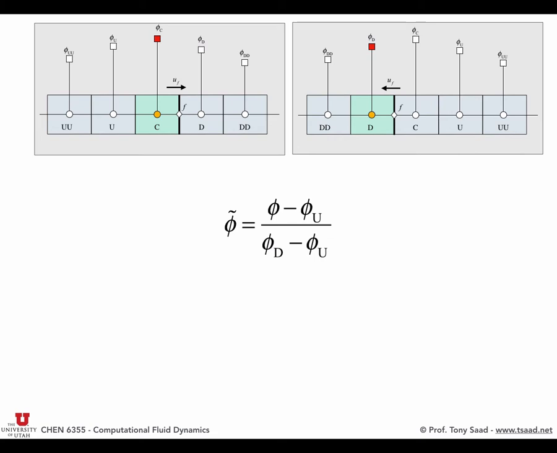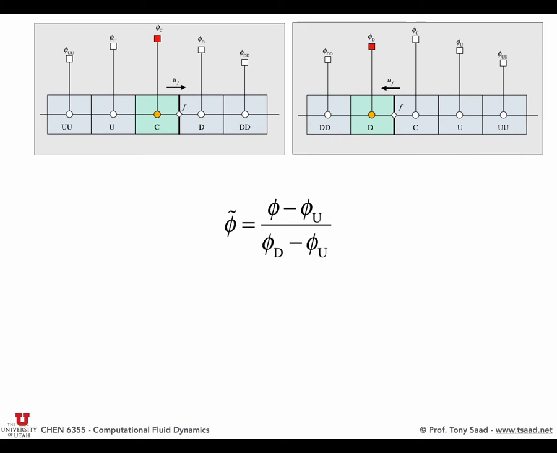Essentially, it's taking the ratio of the gradients. If you take phi C minus phi U, it takes the ratio of this gradient over that gradient. It tells you how we are changing as we move in space.